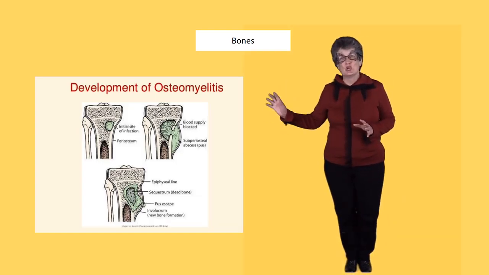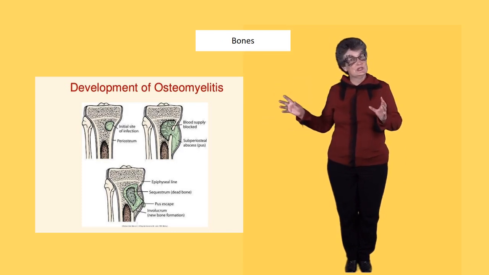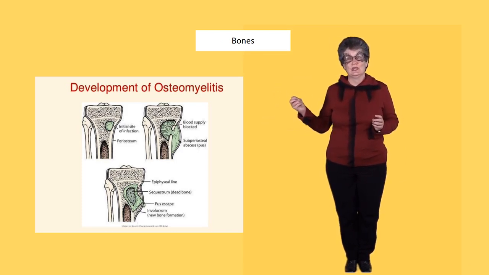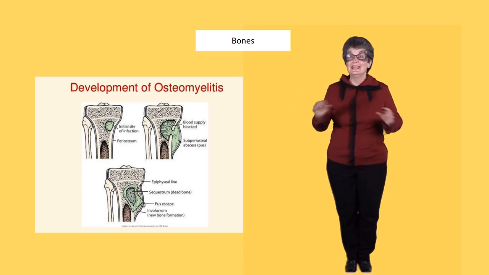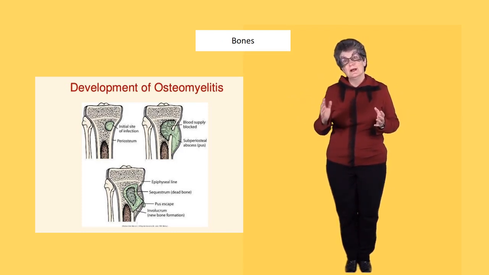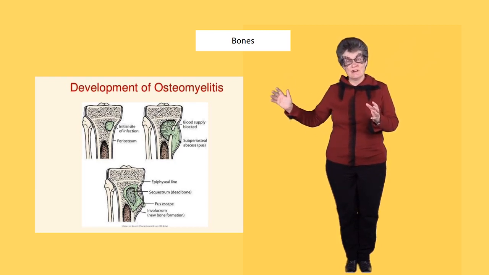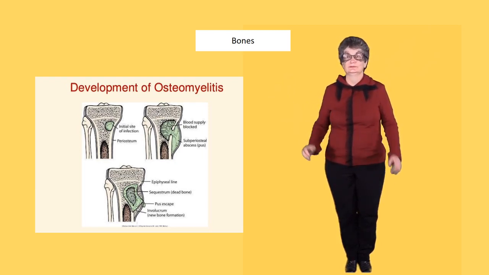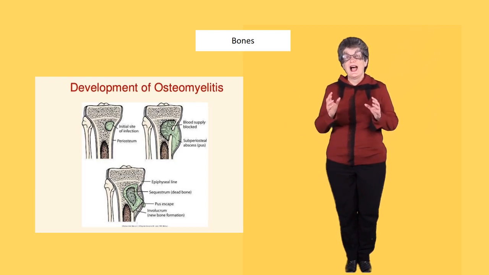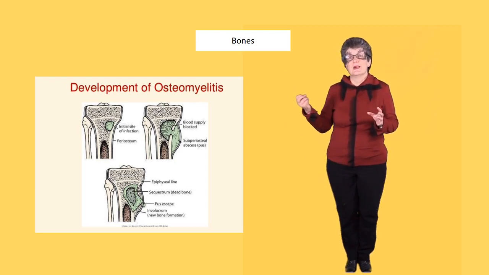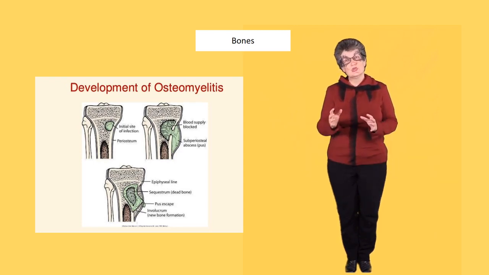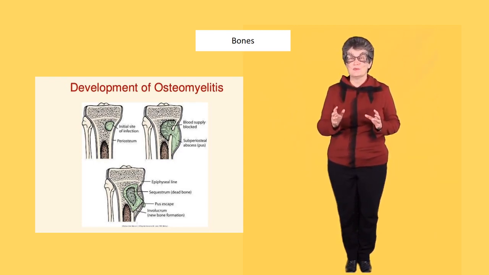This diagram shows the sequence. So first there is an infection that occurs in bone, and then it expands, compromising the blood supply. Pus collects in a subperiosteal location. After that, the pus can break out, forming a sinus. There are two other things that are often talked about in the pathology of osteomyelitis.